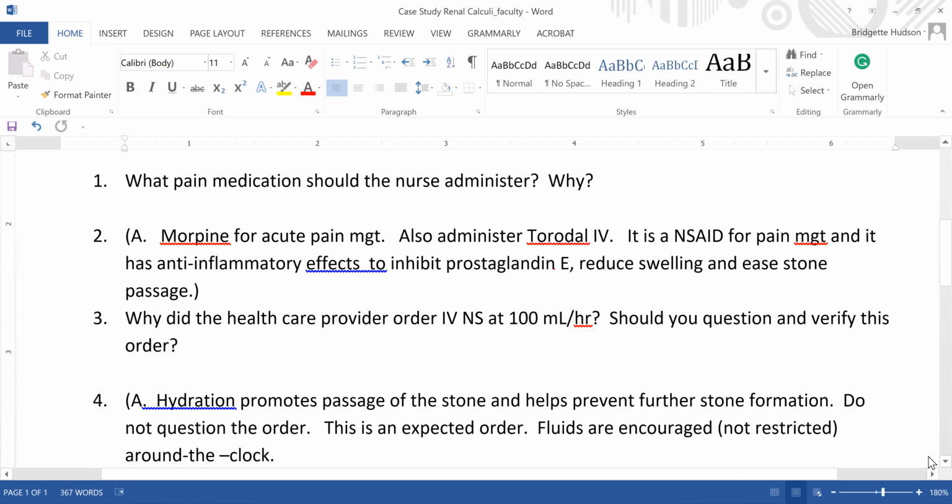And then the most invasive procedure is where a urologist goes in and removes the stone. This is when the stone is greater than 5 millimeters, a percutaneous nephrolithotomy. Those should have all been discussed in your Lippincott book.